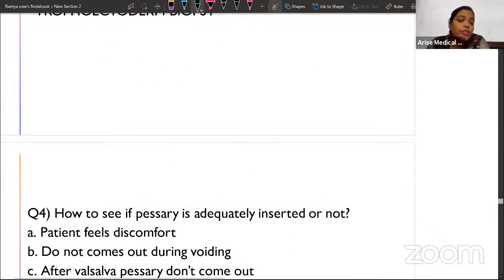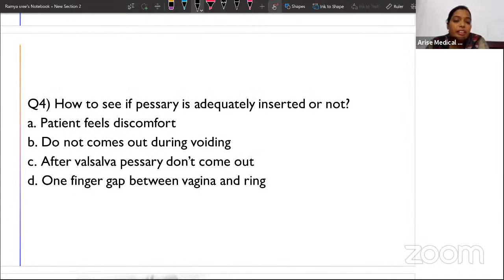Next, how to see if the pessary which is inserted is adequately inserted or not.